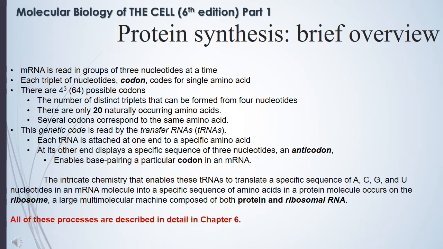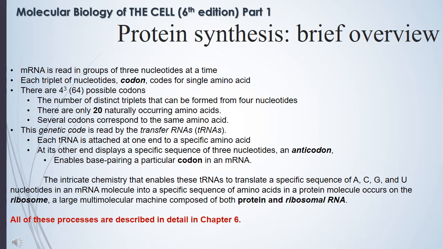So how is this code read? Well, it's read through another RNA, which is known as transfer RNA. Transfer RNA basically has an amino acid attached to one end and a triplet sequence on the other side of the molecule, which is known as the anticodon. The anticodon recognizes the codon on messenger RNA and adds a specific amino acid to the sequence of the peptide, which later turns into a functional protein.